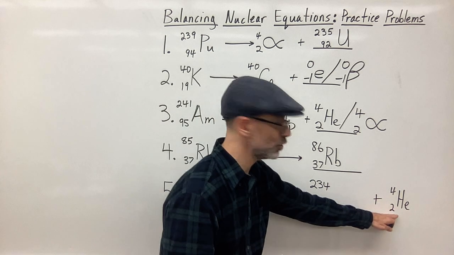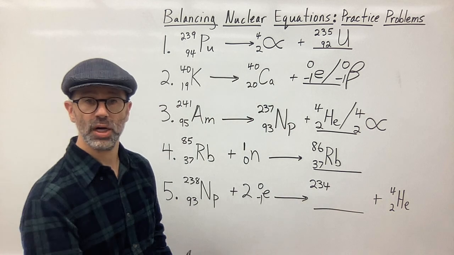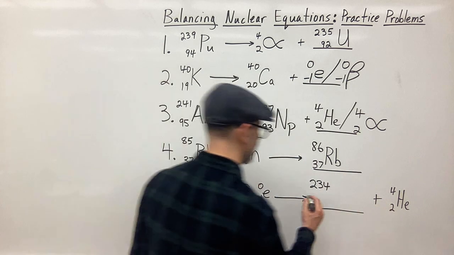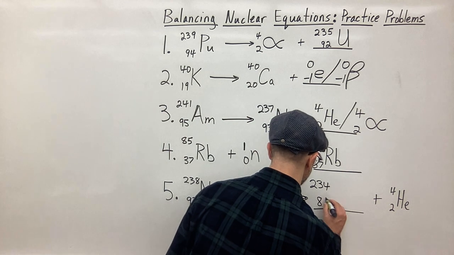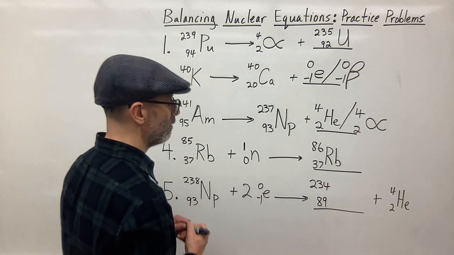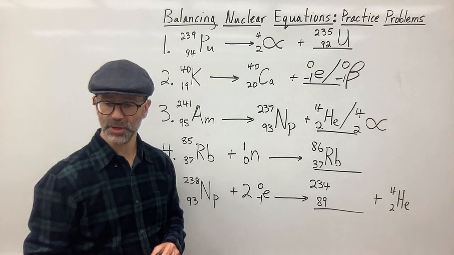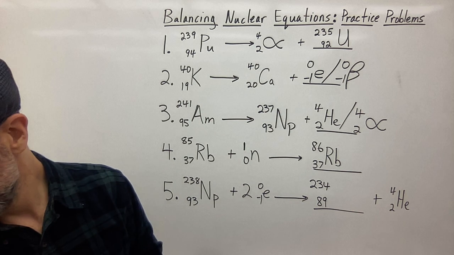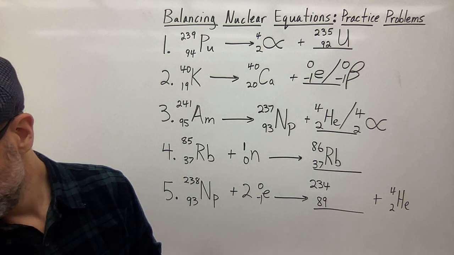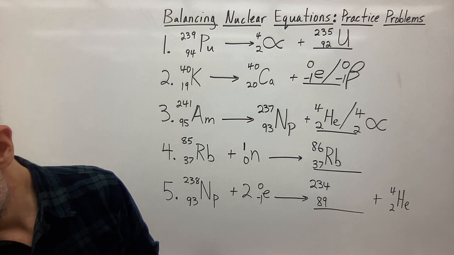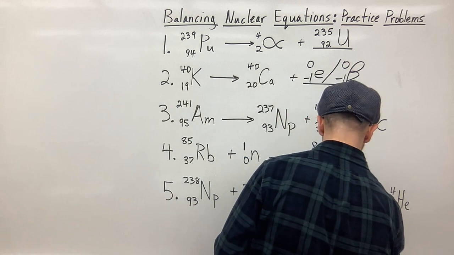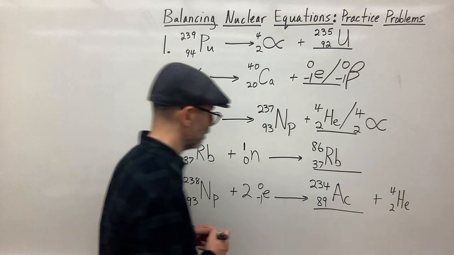Well, I have a 2 here. 2 plus what gives me 91? I subtract 2 from 91, I get 89. Now that I have the atomic number, I can look that up on the periodic table. I take a gander. Number 89. Where are you? I'm actinium. So AC. The element is AC.